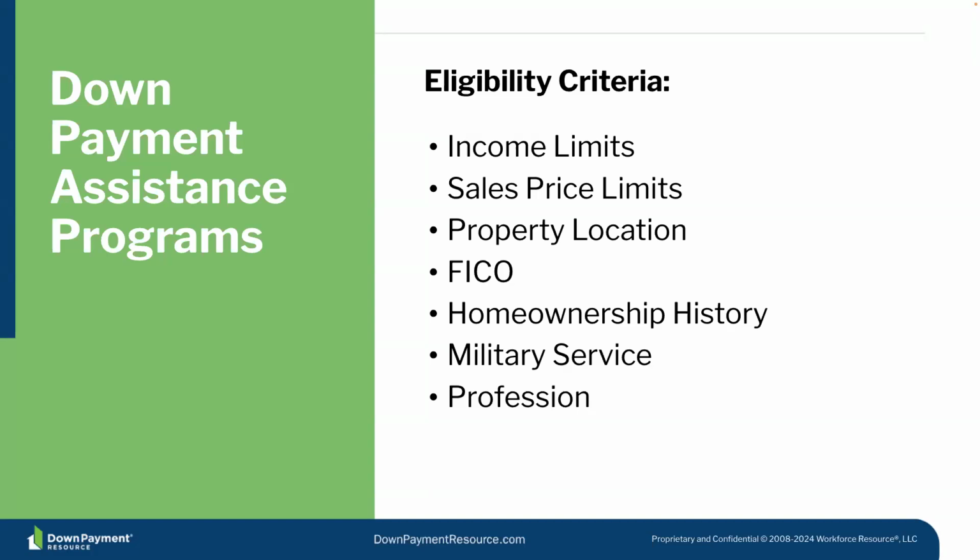Many programs are only for first-time home buyers, but there are many for repeat buyers or even current owners as well. And remember, a first-time home buyer is simply someone who hasn't owned a home in the last 3 years. Now, I'll expand on eligibility as it pertains to military service and certain professions in a few moments, but both can open new doors to assistance that may not be available to the general public.